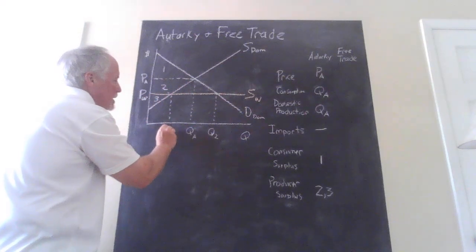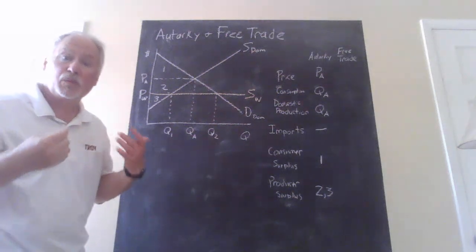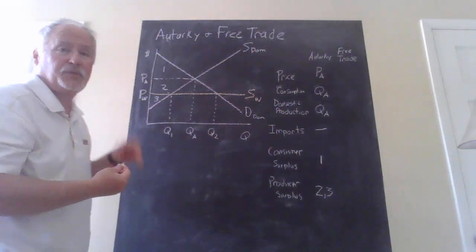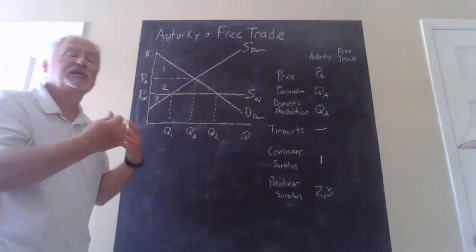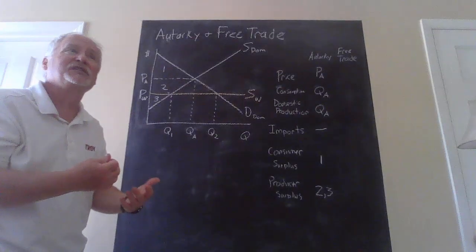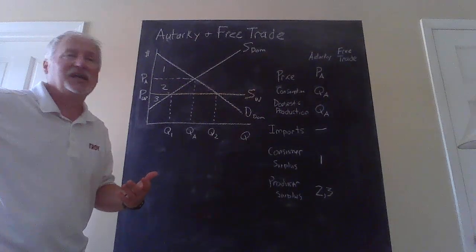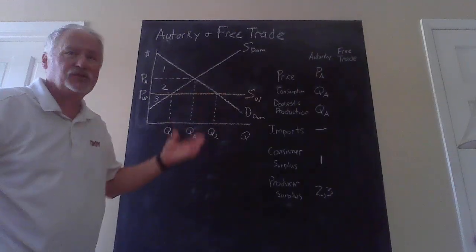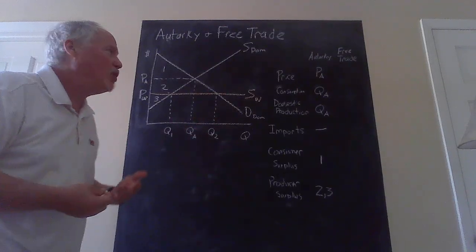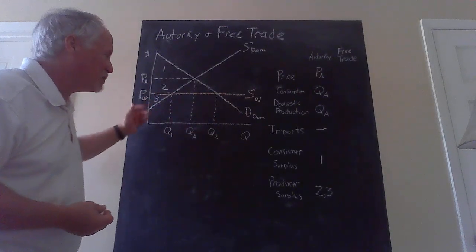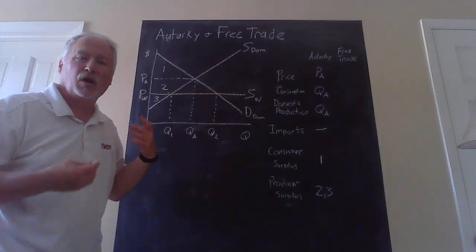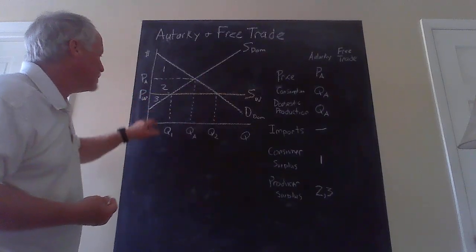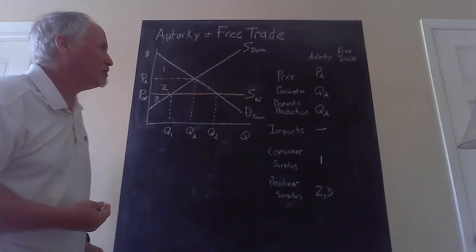Q1 is the quantity that the domestic firms are willing to supply if they have to sell at a price of PW, and they're constrained to sell at a price of PW because their consumers could go to suppliers from the rest of the world and buy it at PW. They're only going to buy as much from domestic suppliers as domestic suppliers are willing to supply at the price of PW, and that's Q1.